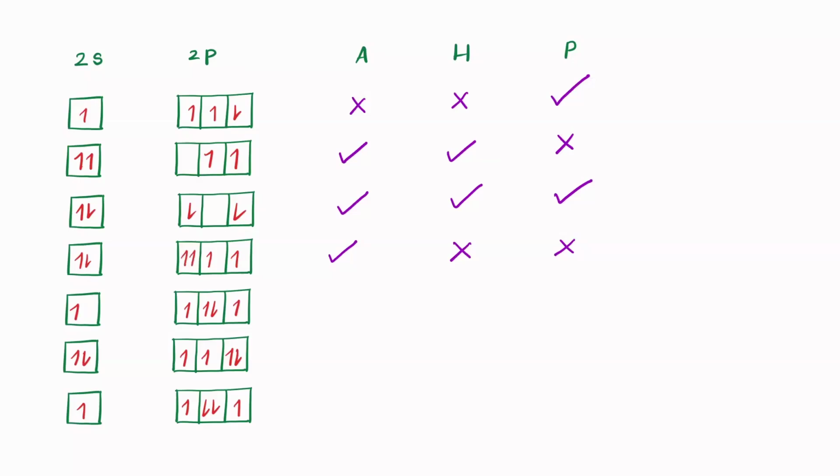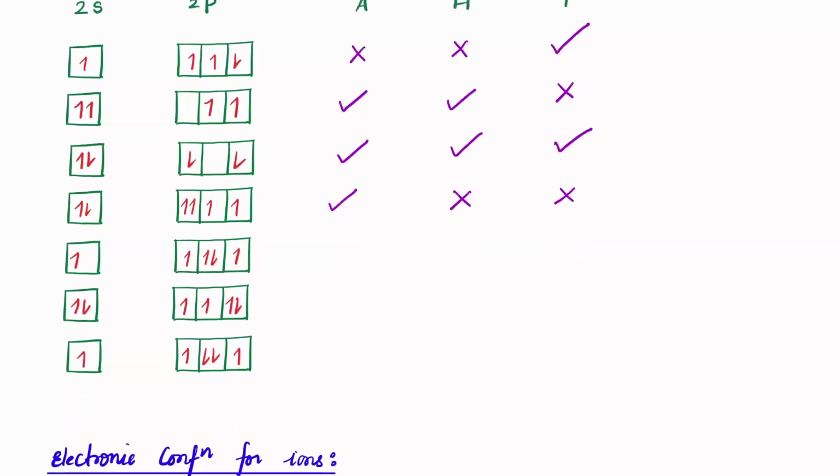Okay, next. Check out in this case. Aufbau is not followed. Hund's is followed. Why? I can start like this 1, 2, 3, and the fourth one I can start here. It does not make any difference wherever you start. So Hund's is followed and Pauli's is also followed. Next case, Aufbau is followed, Hund's is followed, and Pauli's is also followed.